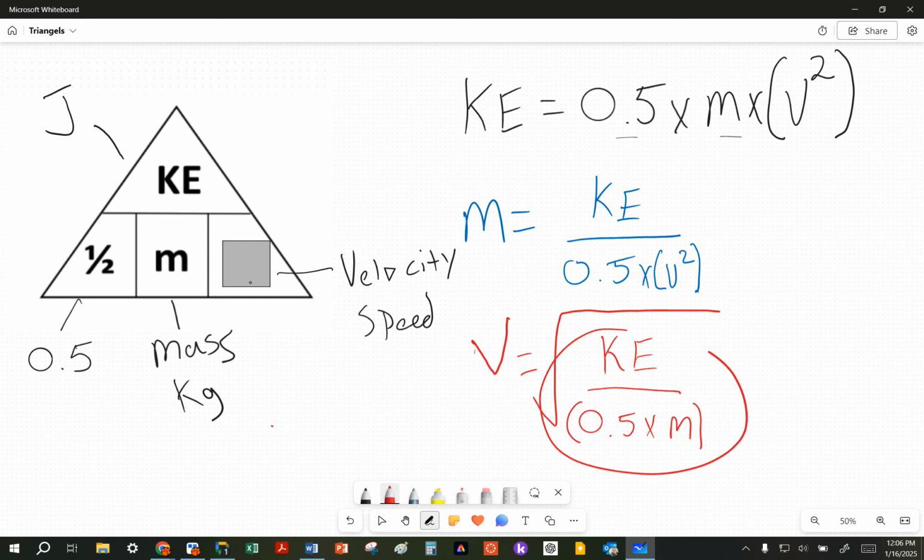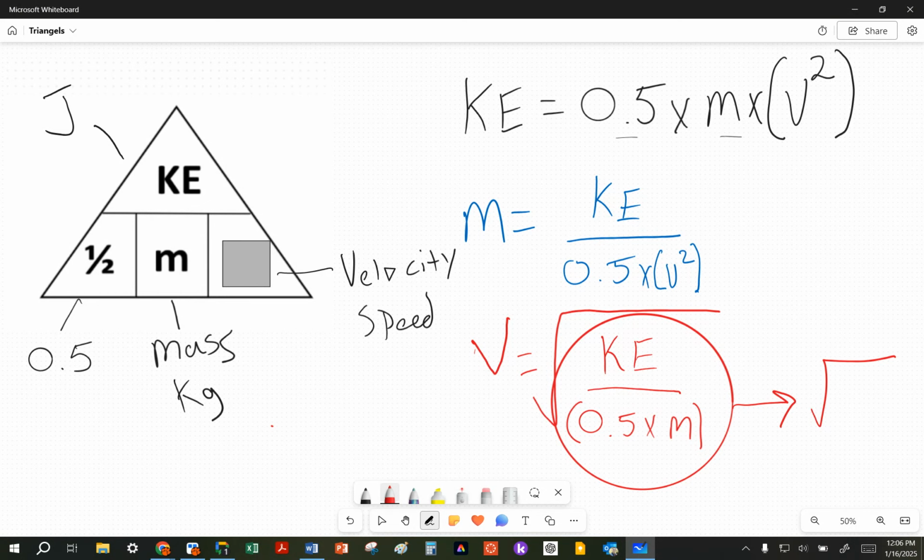It's inside here. Do that first. Then take that number you get and take the square root of that. It's a lot easier than trying to punch it in your calculator all at the same time. That's the right answer. So please be very careful when we're asked to calculate the speed or the velocity, because students get tripped up a lot there as well.